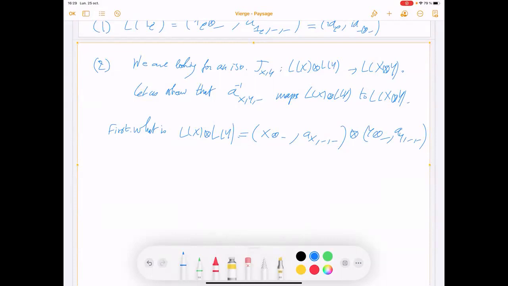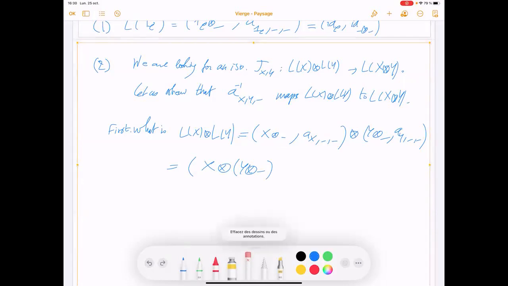Okay. So this is equal to, so the first, you compose the two functors. So this is X tensor something of Y tensor something. I will call this symbol something.